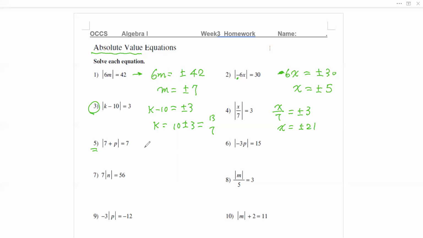Number 5. So inside absolute here equal positive or negative 7, right? Both sides divide minus 7. So equals one of them is 0, the other one is negative 14, right? You have two absolute. Let's see this one is number 6. So inside you can write negative 3p or positive.